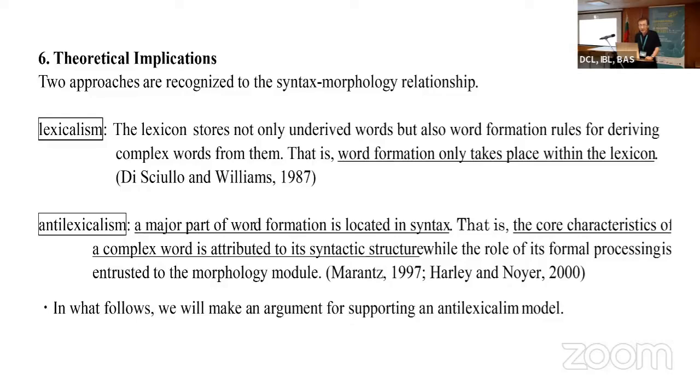The other one is anti-lexicalism, which claims the major part of word formation is located in syntax, that is, the core characteristics of complex words are attributed to their syntactic structure, while the role of formal processing is entrusted to the morphology module. In what follows, we'll make an argument for supporting an anti-lexicalism model.